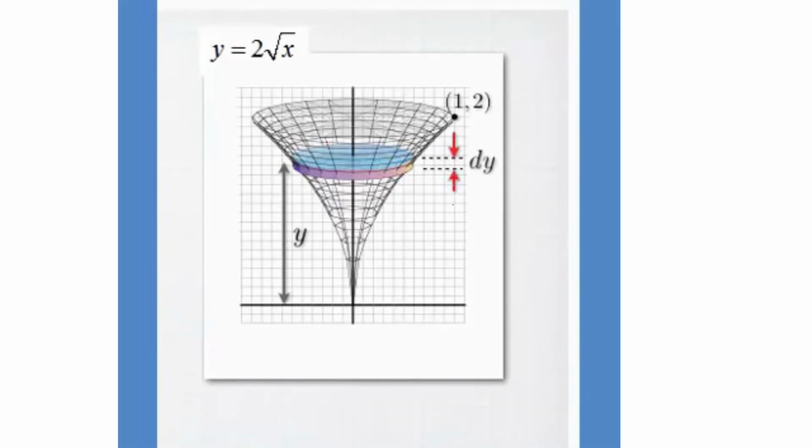You're going to have a horizontal disc coming from the horizontal strip. So upon rotation of your horizontal strip, it will create a horizontal disc. We'll discuss later how we're going to solve your volume.